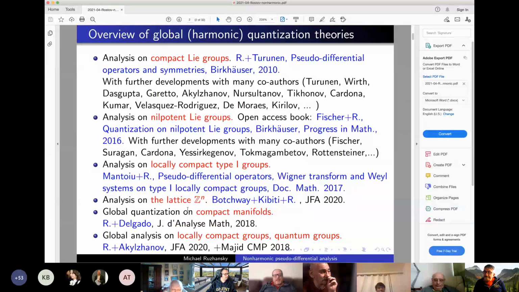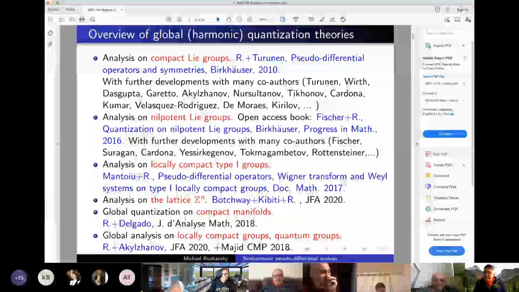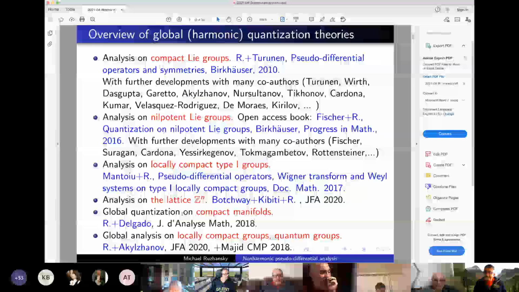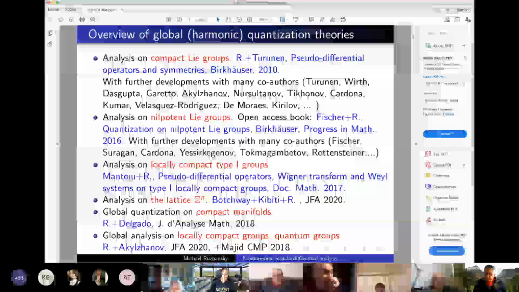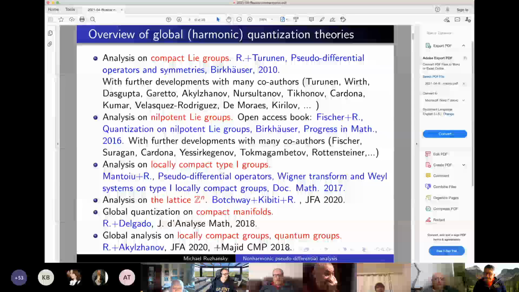And the last one I want to mention: locally compact groups and quantum groups. Again, there is some structure on it, and so some versions of the pseudo-differential theory. I have worked in these directions, but these are all harmonic.